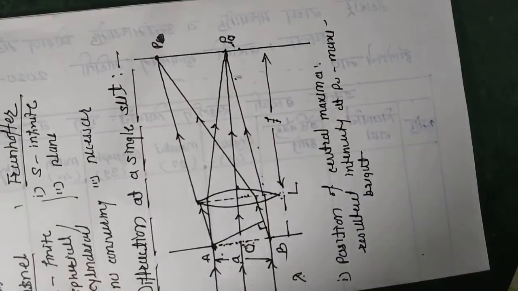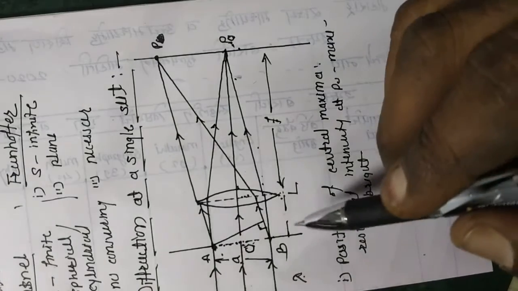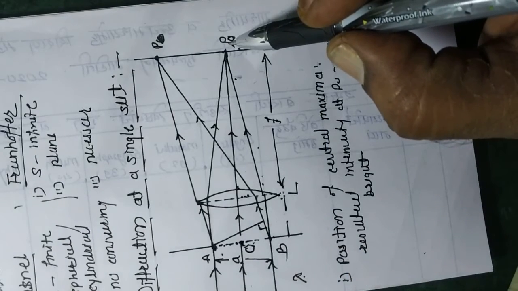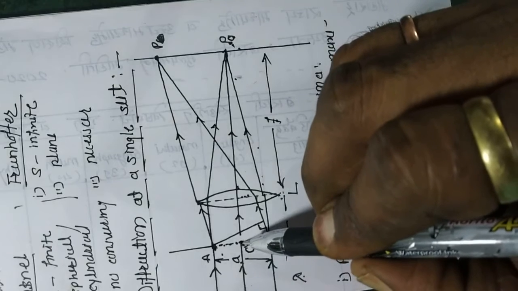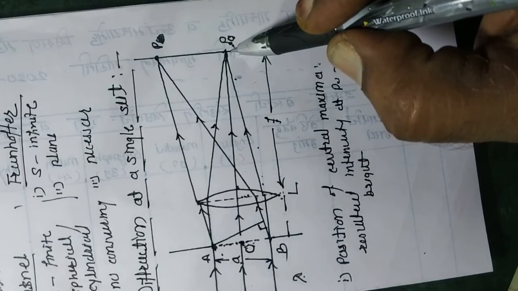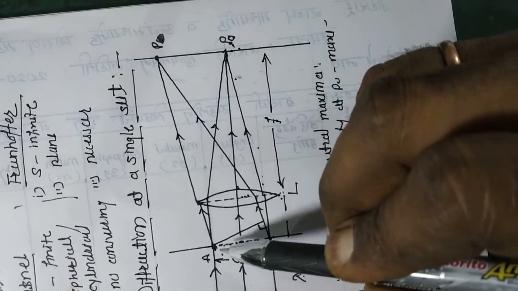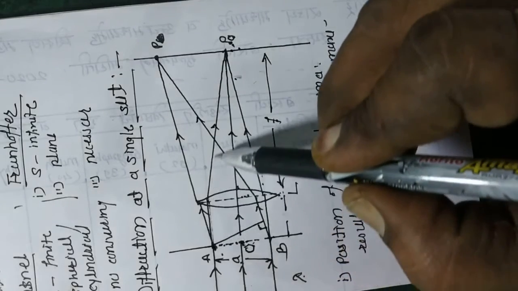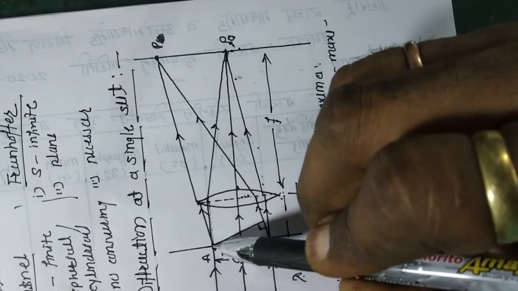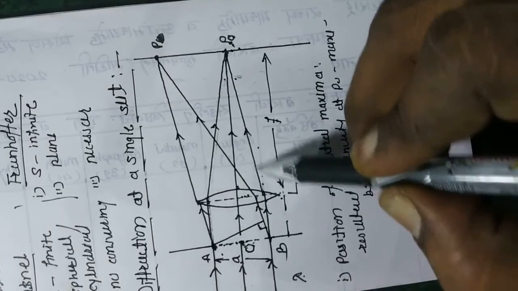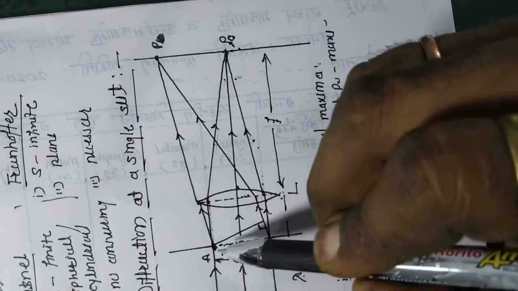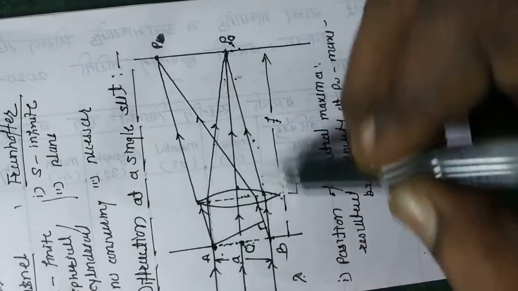See once more. Let O be the center of the slit, P naught the center of the screen. Then the path difference: suppose a ray goes from here in this direction, and another ray from here in this direction, the path difference between these two paths is considered, for waves arriving from A and B and reaching P naught.